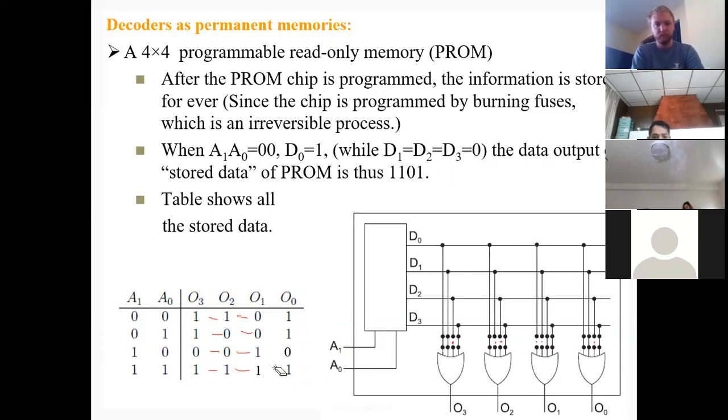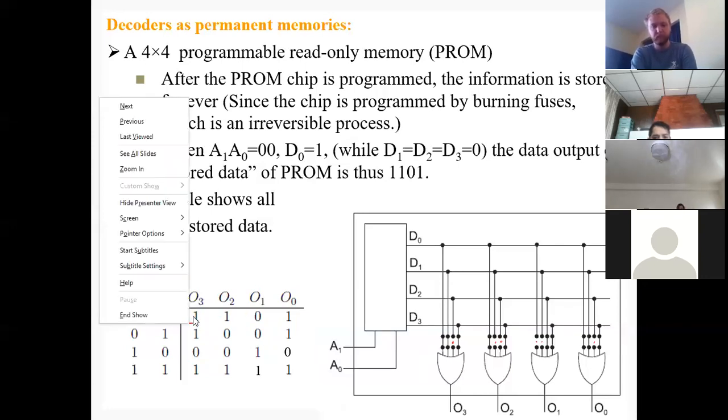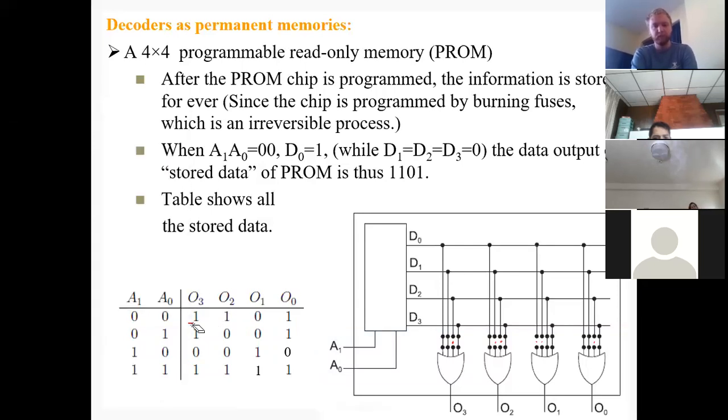So let's see. If you want to store this, why do you have to blow the fuse on this guy here?